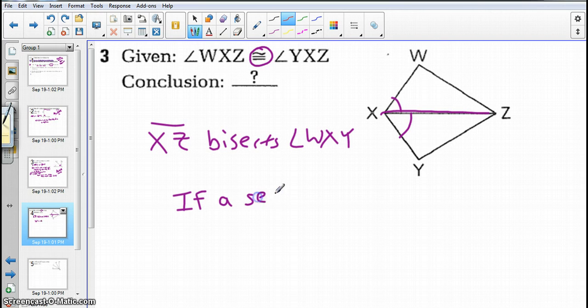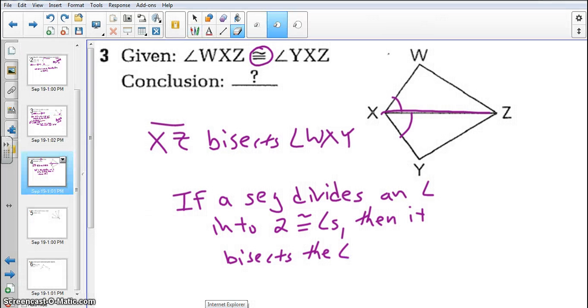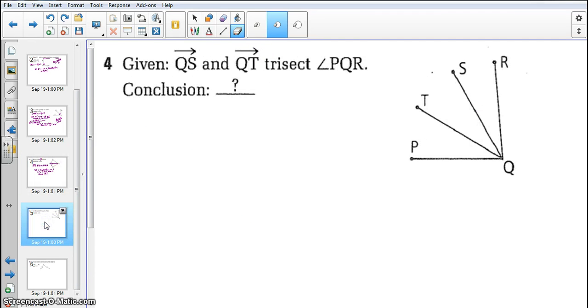And our if-then statement would be if a segment divides an angle into two congruent angles, then it bisects the angle. Okay, let's go ahead and move on to the fourth example.